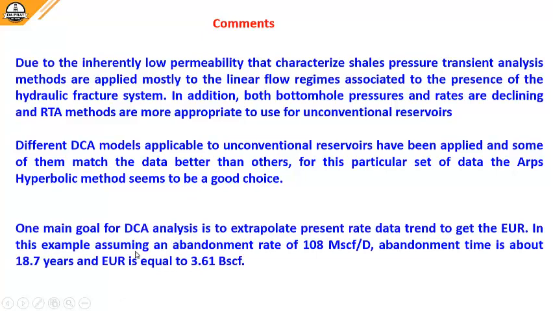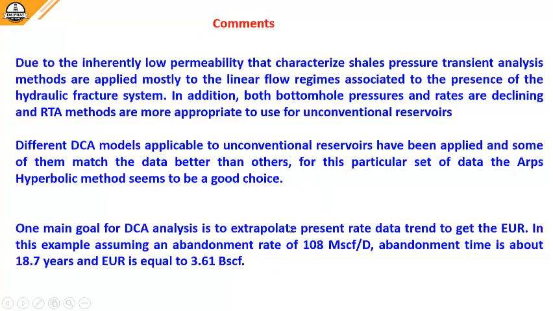When you do the decline curve analysis, the idea is to extrapolate the present rate data trend to get the EUR. In this example, assuming an abandonment rate of 108,000 standard cubic feet per day, the abandonment time is about 18.7 years, and the EUR is equal to 3.61, which is the one we got from ARPS.